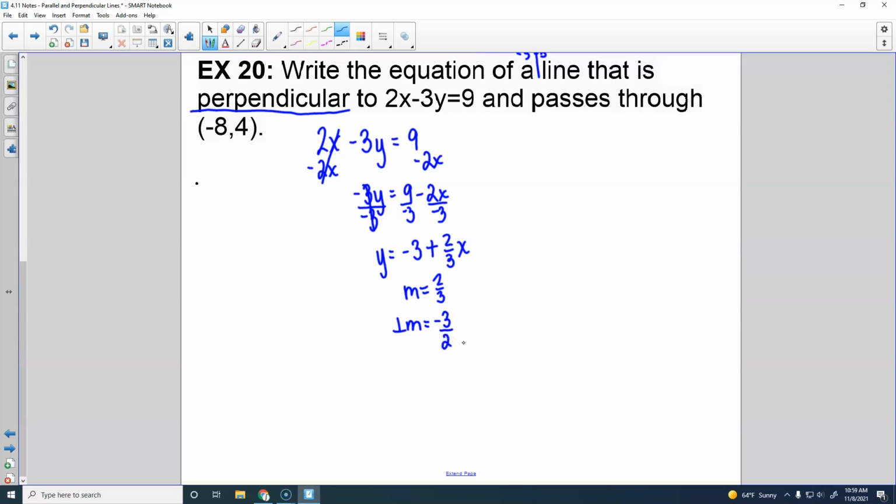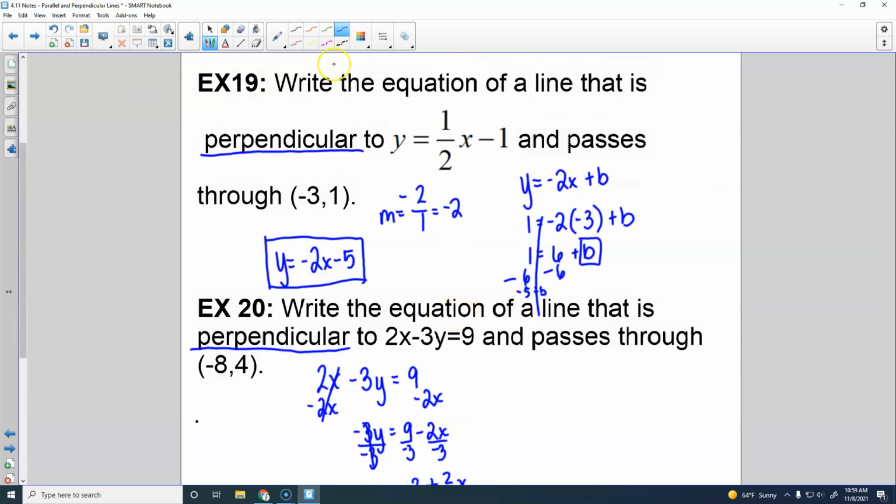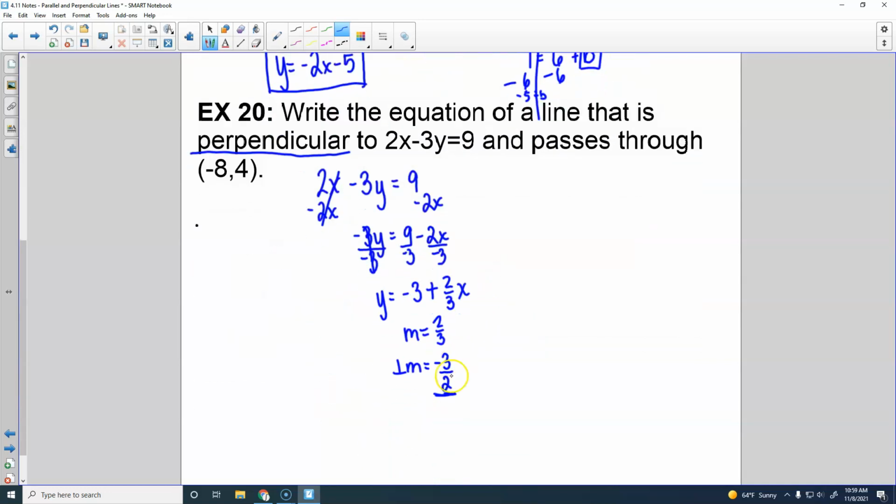We're going to flip the fraction and change the sign. So this right here is the slope that I need to use now. Now, everything I did right there was what I had to do just for that very first step of the last problem, right? So we're not done. These problems are hard because you do so much work there, you feel like you should be finished, but you're not. So this perpendicular slope is negative 3/2.